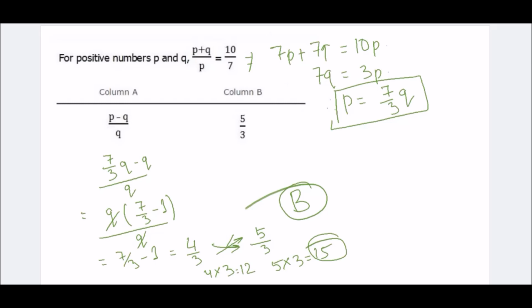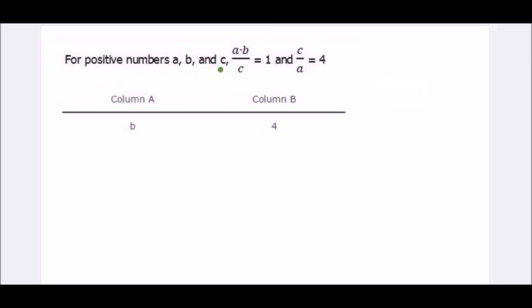Our next question is, for positive numbers A, B and C, (A multiplied by B) divided by C is equal to 1, and C by A is equal to 4. For column A we have to find the B value, and column B is given as 4. We find the B value from the first equation. Here we get C is equal to 4A.